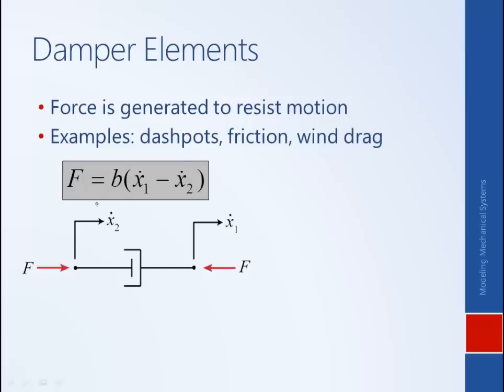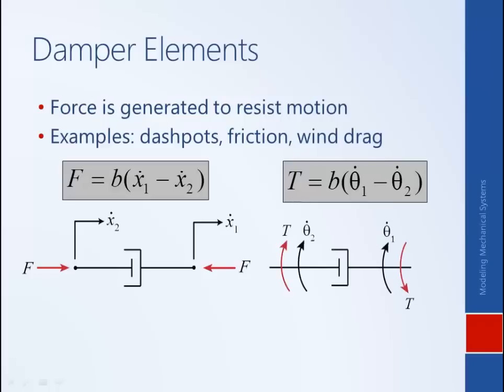The force generated is proportional, where B is a proportionality constant, to the difference in velocity of the one end and the other end. You can imagine if the two ends were moving together with the same velocity, there would be no resistance generated. In essence, the plunger and the fluid would be moving together. You only generate resistance when you try and pull the plunger through the fluid.